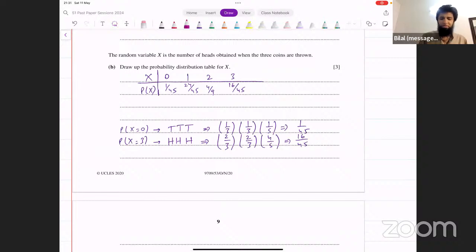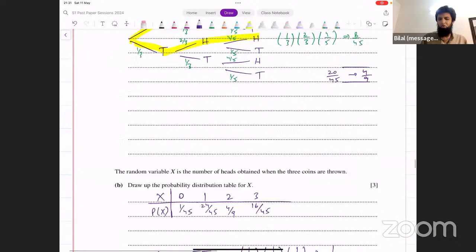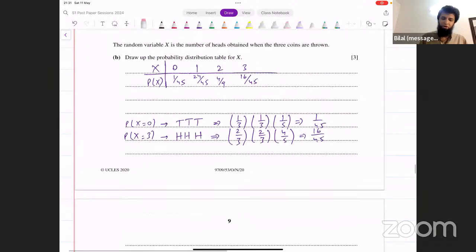That doesn't matter since they told you it's 4/9 in the first part. You could just use that. But if you want, you could also write it as 4 into 5. That's 16/45. You could also write this as 16/45. That's also all right. Is that what you get?